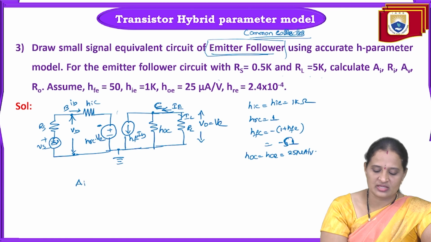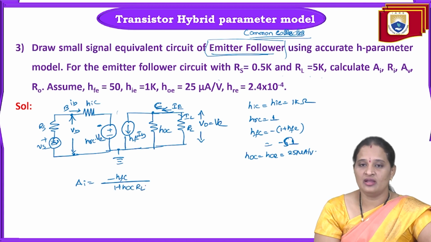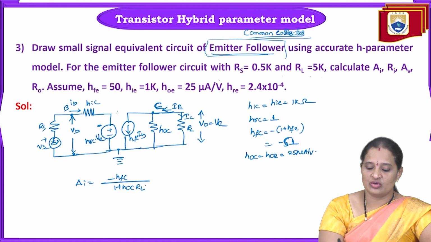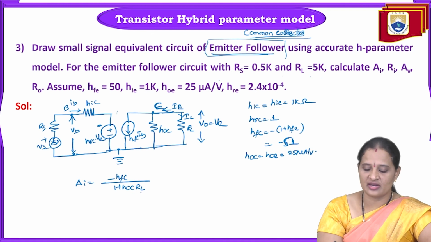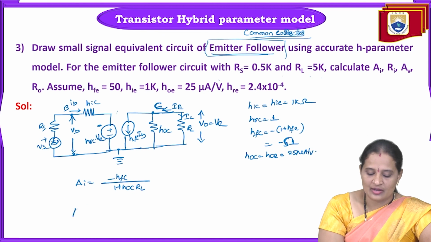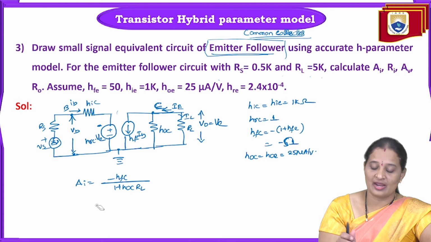So simple formula substitution. AI is minus HFC divided by 1 plus HOC into RL. No need to calculate any RL dash, because we don't have any other elements connected in the output network. So directly we need to take RL. Before that, we are going to calculate RI. What is the formula for RI?